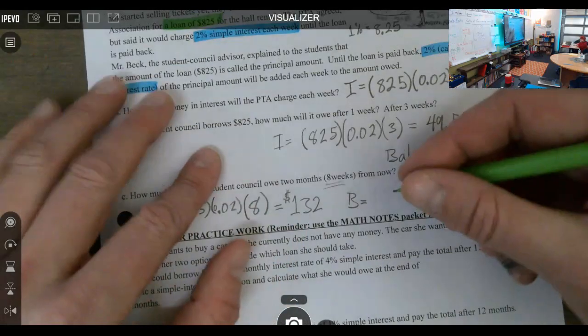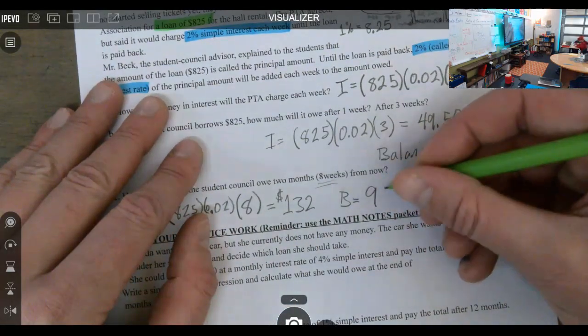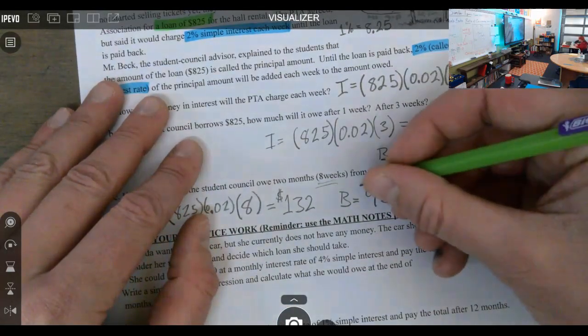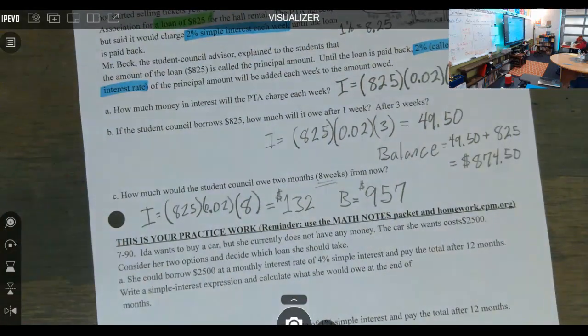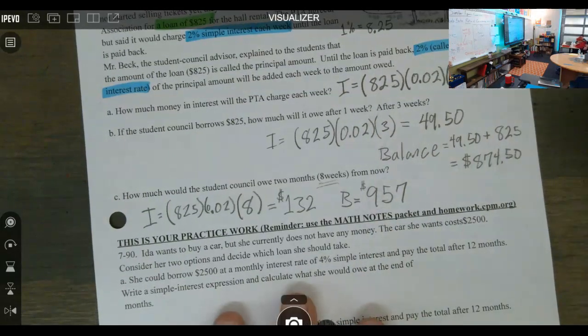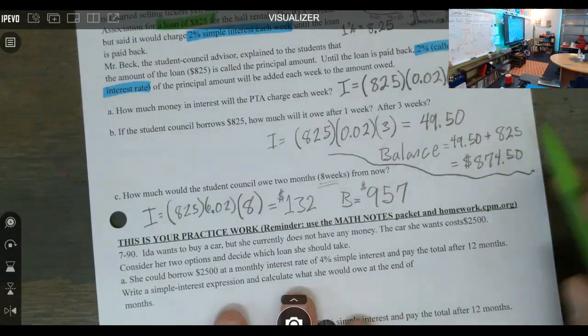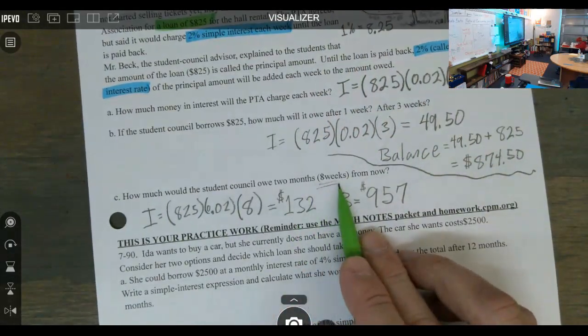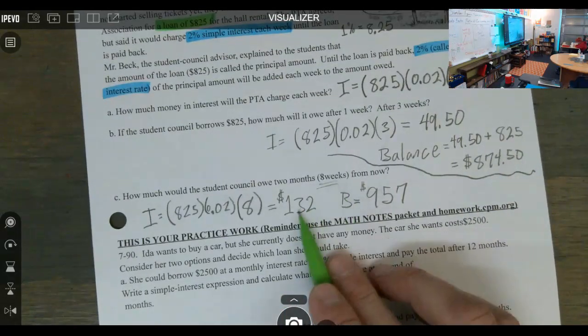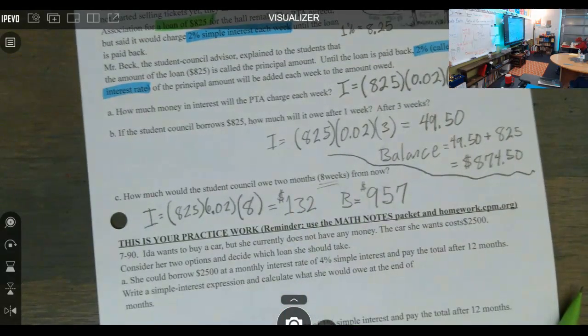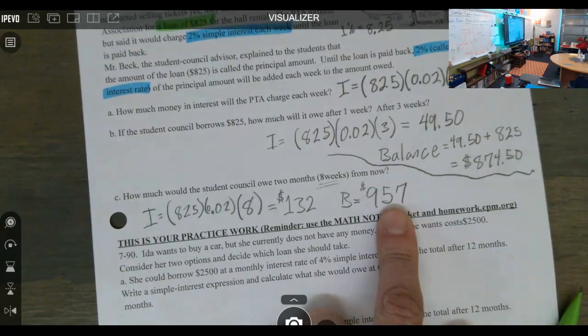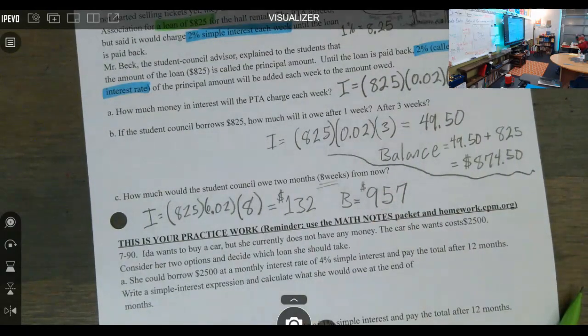So what'd you guys get? $957. Wait, so that was if we paid them back after 3 weeks, but now it's after 8 weeks. What I did was 875 instead of 825. That makes sense because you were 50 too high.